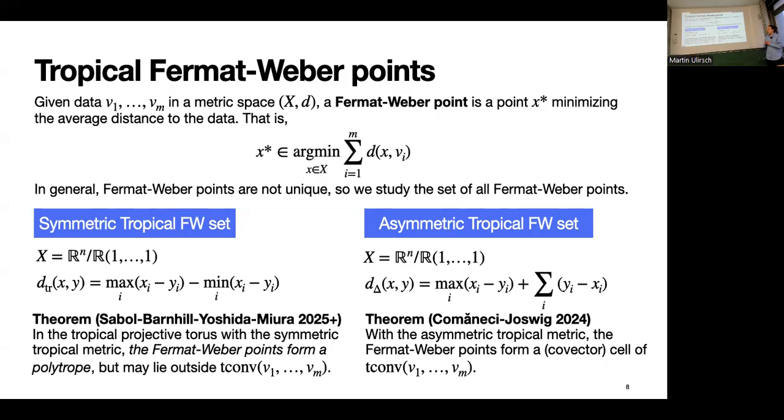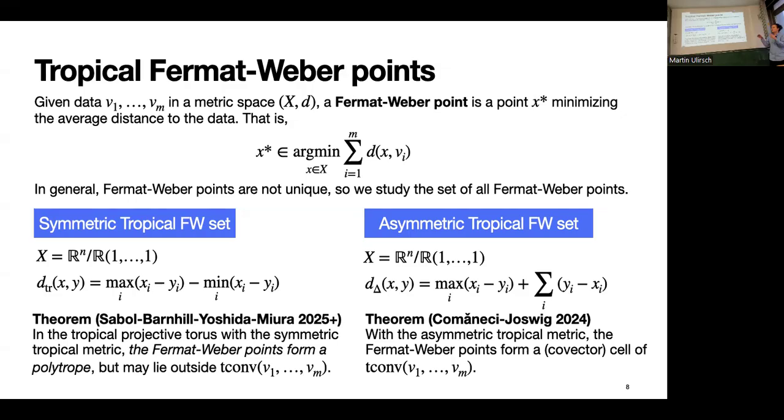And this was studied with 2 distances previously in the tropical setting. It was first studied for the symmetric tropical distance, which is this one. So you take the max of the differences of coordinates minus the minimum of the differences between coordinates. And you're working in the tropical projective torus in both these cases. This was first studied, I think, around 2018 by Sturmfels, Lin, and Yoshida.